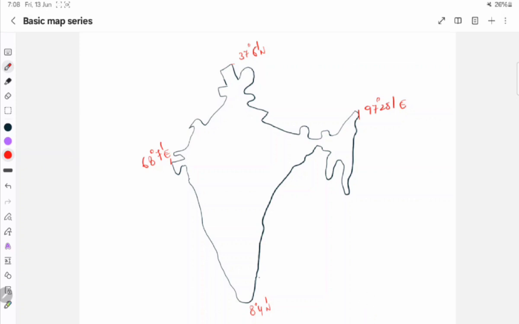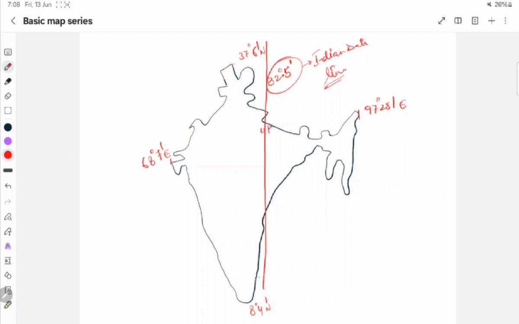Now there is a line which passes from here, and that is 82.5 degrees. This is the Indian date line.